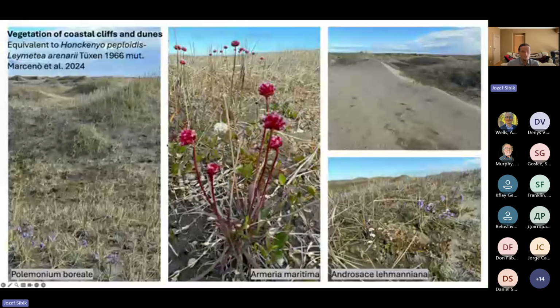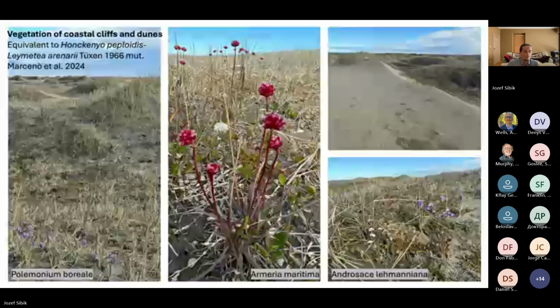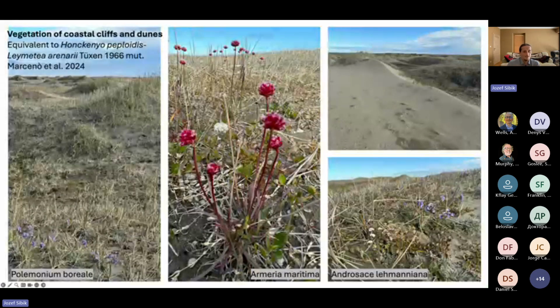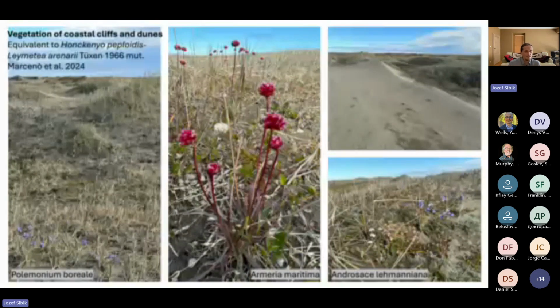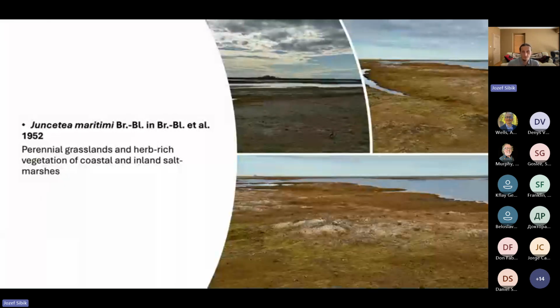This vegetation class can be classified as an equivalent of an already classified syntaxon, Honckenio-Elymetea arenarii. So we can see sand dunes covered by grasses and by species like Polemonium boreale, Armeria maritima, Androsace lehmanniana, and others.